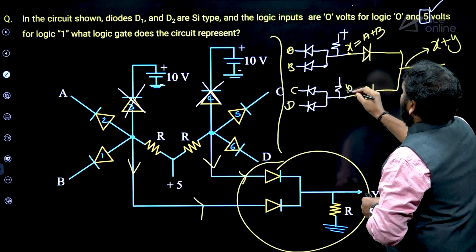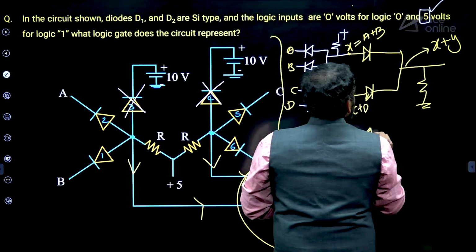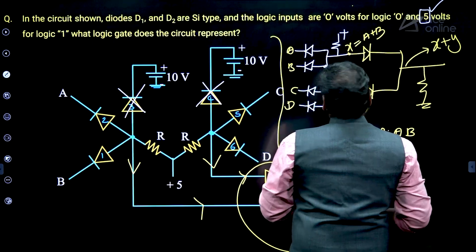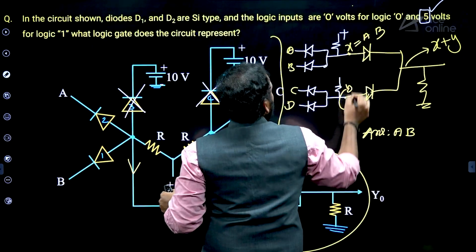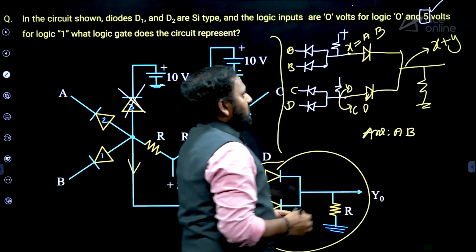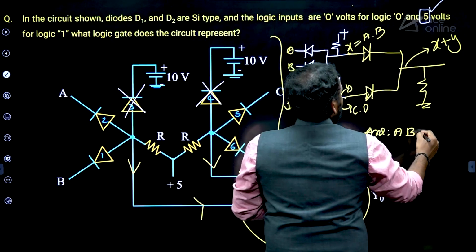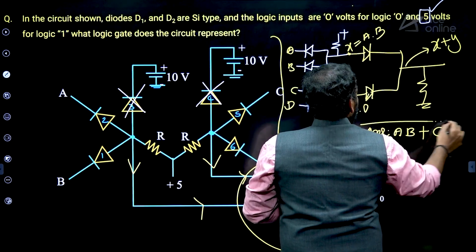A plus B. And what is the Y? C plus D. A dot B, C dot D. Dot, okay? AB dot CD. Right? Because this is an AND structure, this is also an AND structure. A dot B plus C dot D.